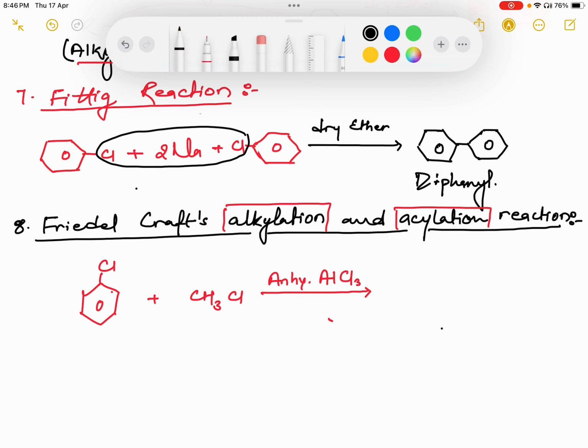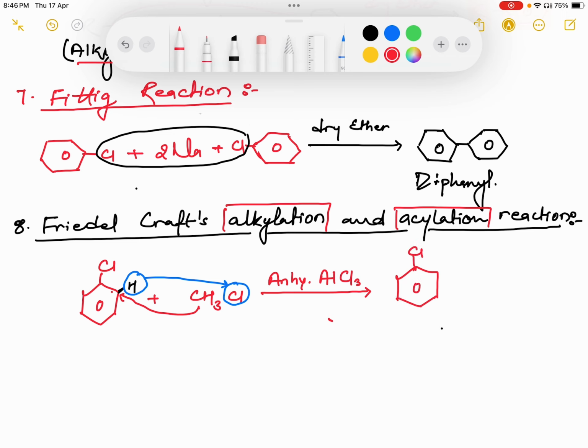So now what will happen is here there must be hydrogen. This hydrogen will be taken away by this chlorine, and they will come out as HCl. Now this CH3 group will go and attach right at this place, and it will look something like this.